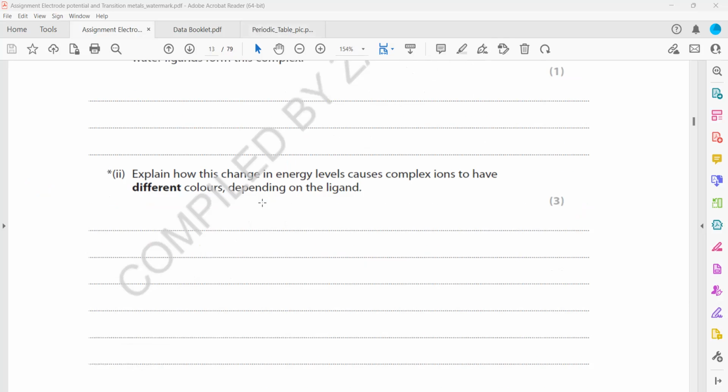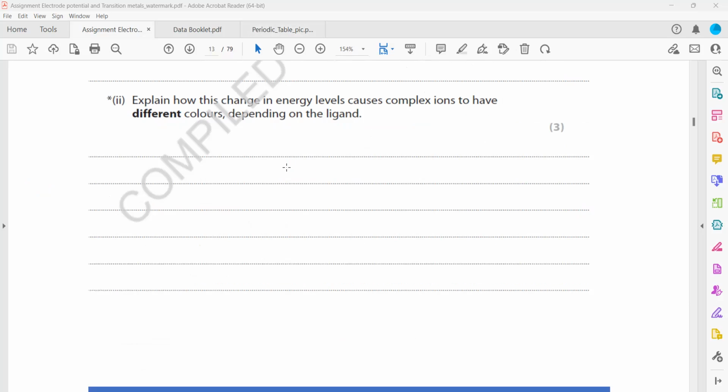Explain how this change in energy level causes a complex ion to have a different color depending on the ligand. So what actually happened, the gap between the groups or levels is different when different ligands are attached.